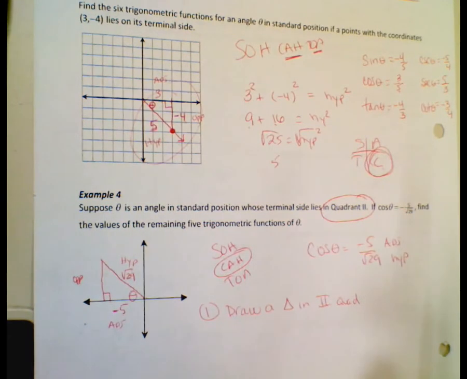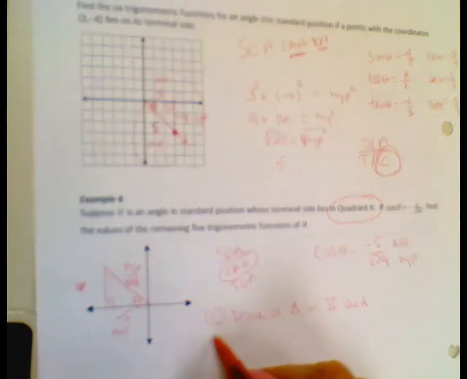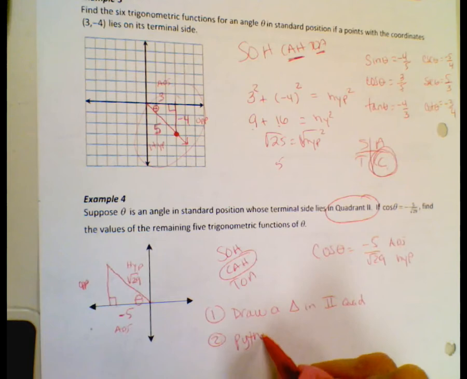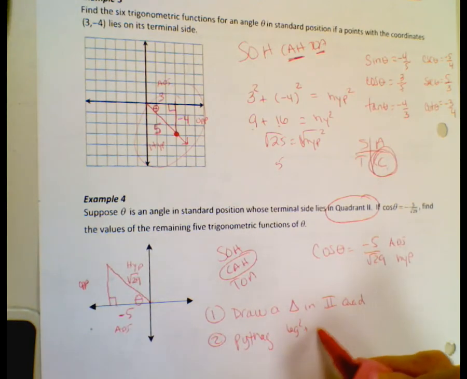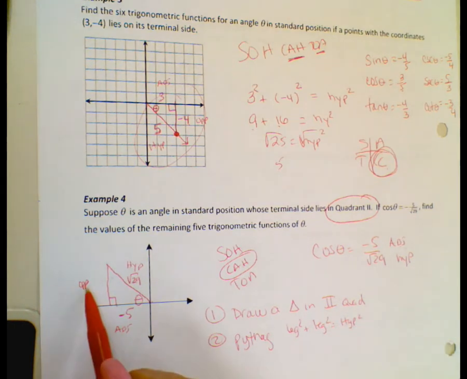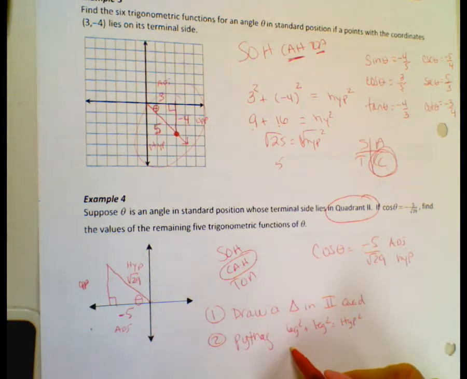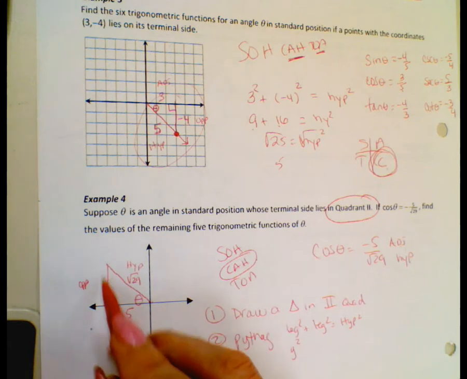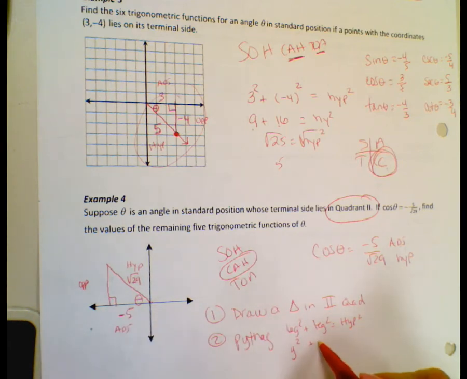Now we're going to find the opposite side by doing the Pythagorean theorem. So remember, it's leg squared plus leg squared equals hypotenuse squared. We don't know one of the legs. We don't know the opposite leg. So we're going to call this y, because that is the y coordinate. And we know our x is negative 5, squared, and we know our hypotenuse is radical 29, squared.